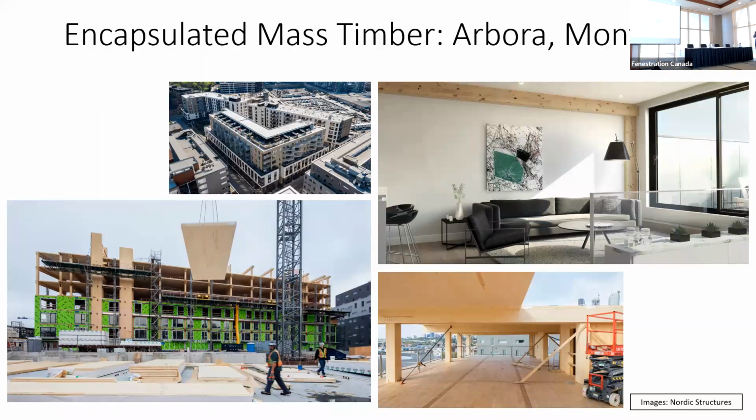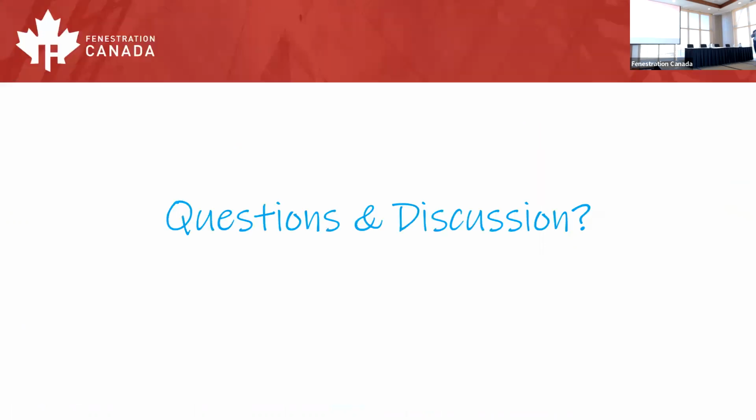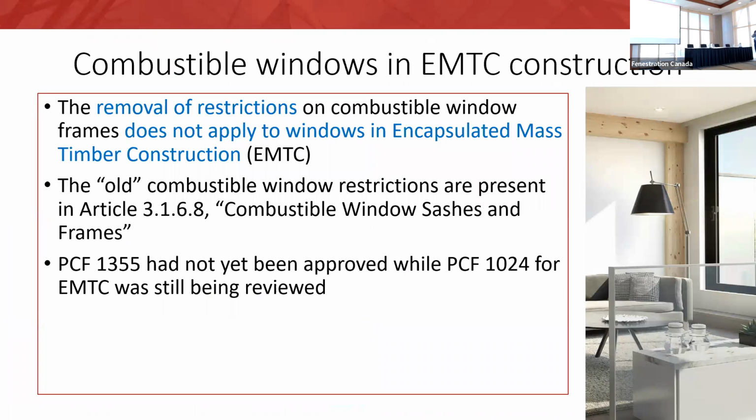This is a really large project in Montreal, but it just shows you what people are now doing with encapsulated mass timber. And the main reason I'm mentioning it is because, unfortunately, the removal of restrictions on combustible window frames does not apply to windows that are in encapsulated mass timber buildings. Go figure, eh? The problem is that the code change that removed the restrictions was launched separately from the encapsulated mass timber changes.